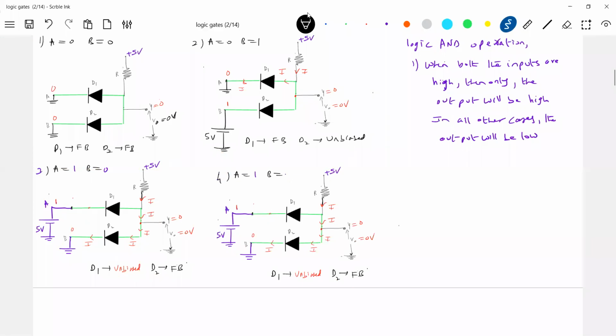Okay, what is the conclusion we have to make? Both the diodes are forward biased.